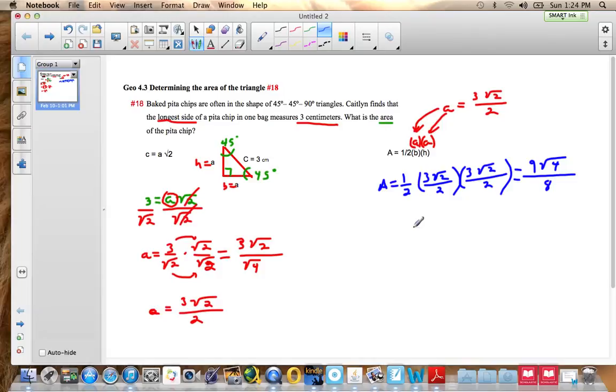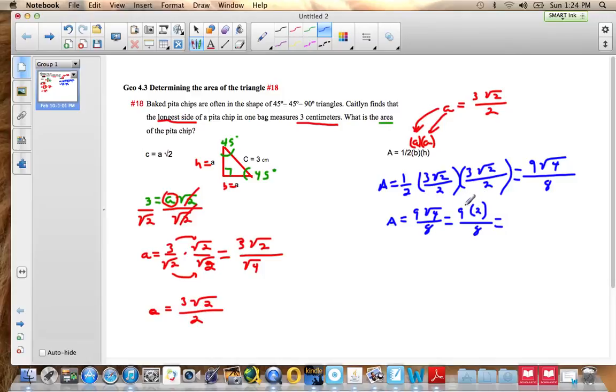And so now, with the area being 9 times the square root of 4 over 8, I still have one more step to do with the square root, because now the square root of 4 is 2. So I take 9 times 2, because I got to break the square root down, over 8. I've got a couple ways that I can do this.